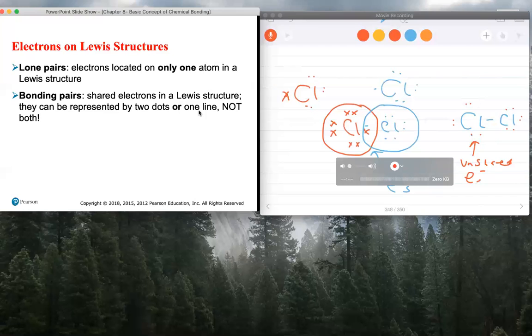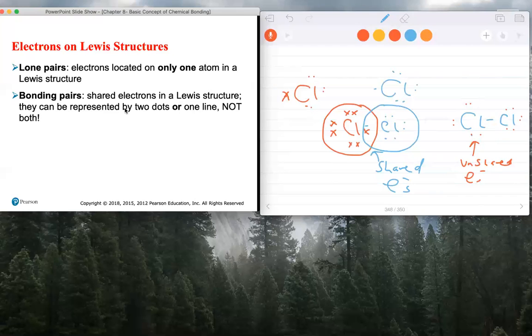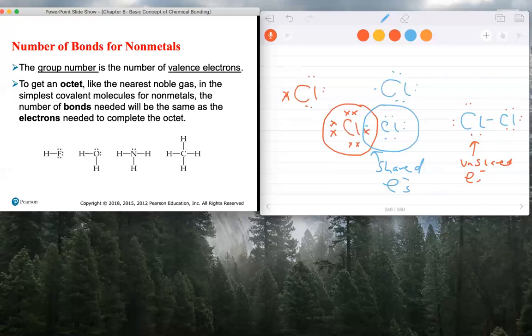We have 6 lone pairs. In the water molecule, we have 2 bonding pairs and 2 lone pairs.